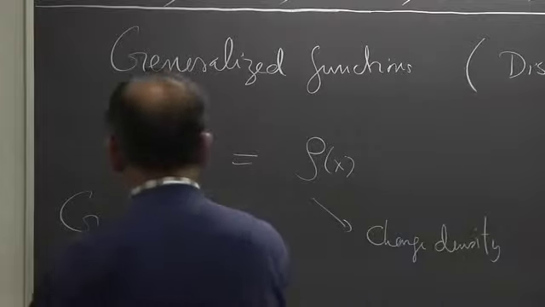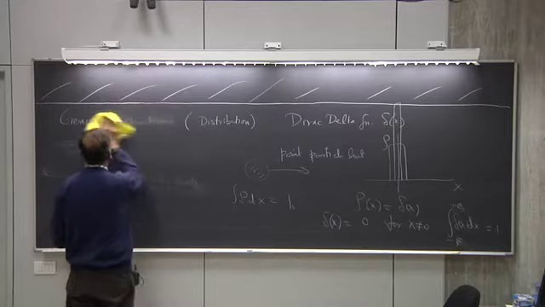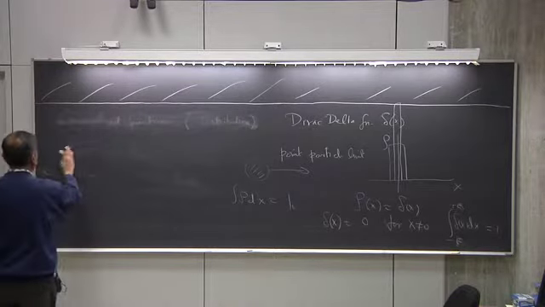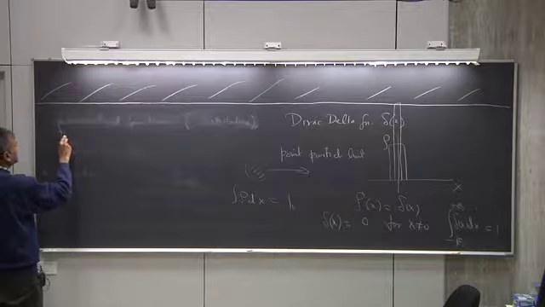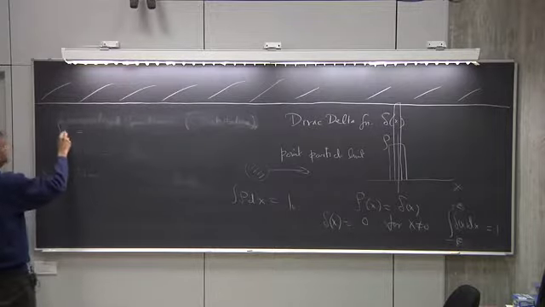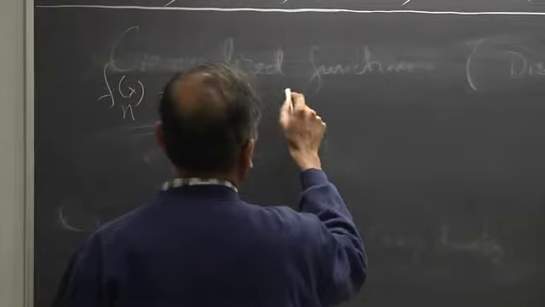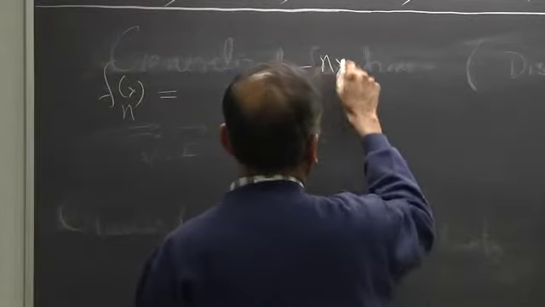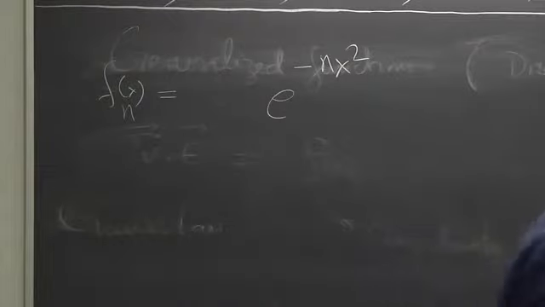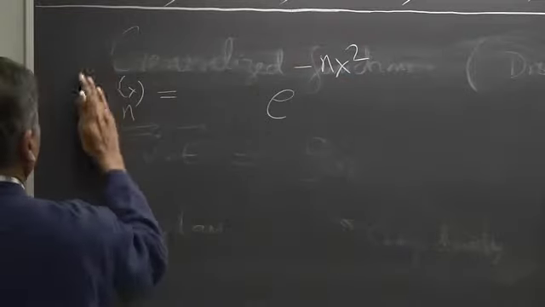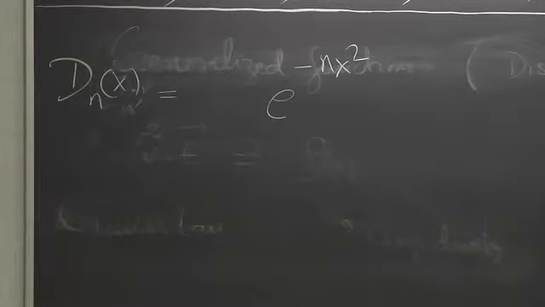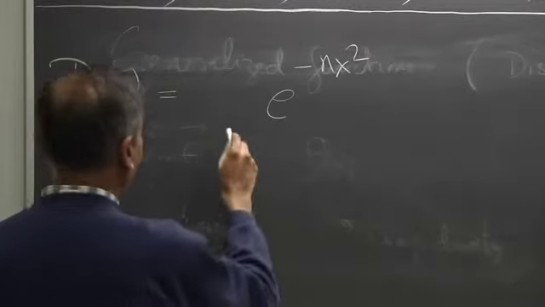Okay, before I discuss this, let's see how one can do this. For example, take a sequence of functions, let's say f_n of x, which is e to the power of minus n x squared. Let me get the normalization straight. In the notes, what is used is capital D_n, so I try to keep the notation of the notes, and the normalization is root n by pi.